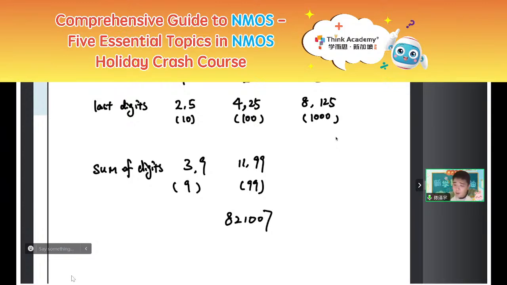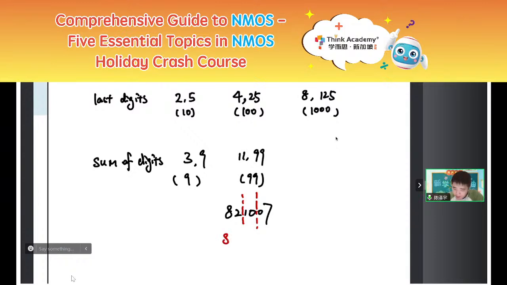If you want to check whether this number is divisible by 11 or 99, what you can do is cut the number every 2 digits. Now I get 3 2-digit numbers, right? And then I have 82 plus 10 plus 07, which is 7.